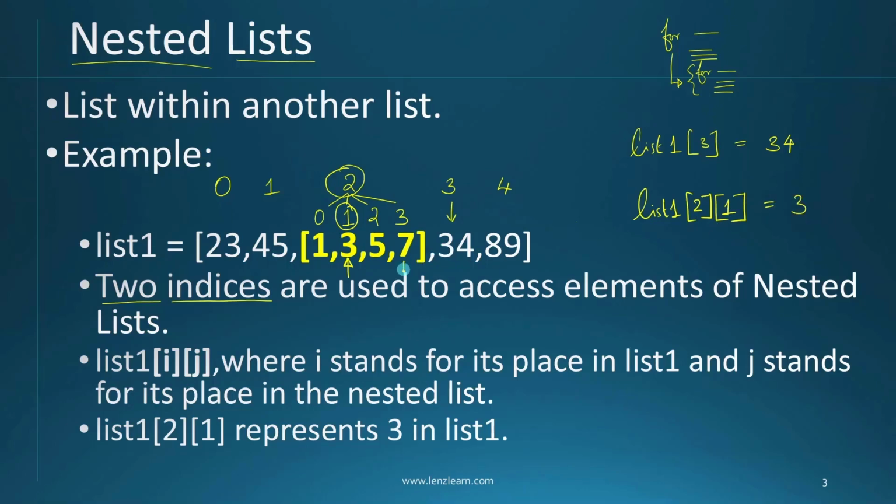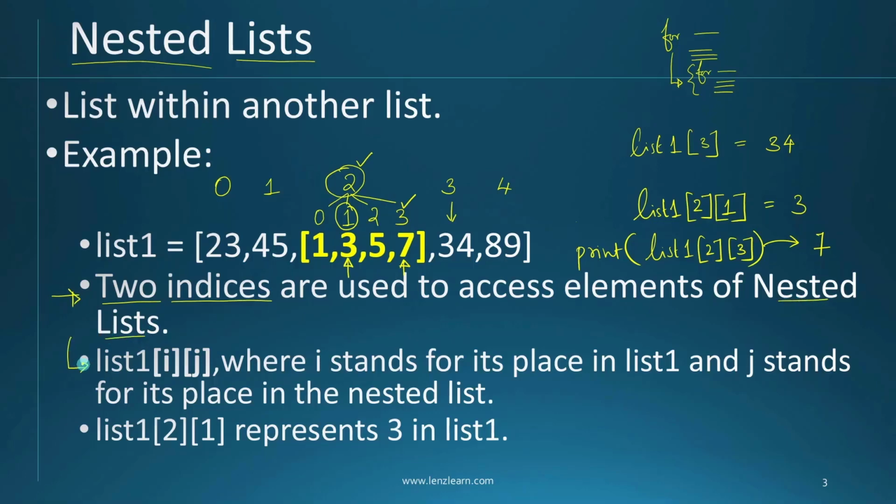Similarly, if you want to get this value 7 out of list1, then you have to give list1 with index value 2 and sub-index 3. So [2][3] will extract the value 7 from this inner list, and if you just print this value, you will get the output as 7. 2 indices are used to access elements of a nested list.